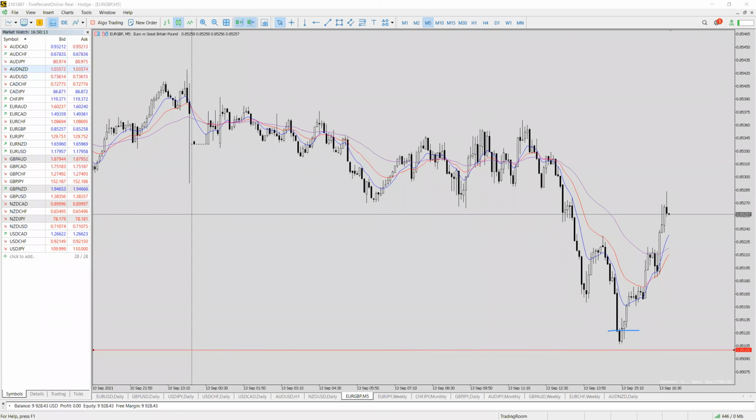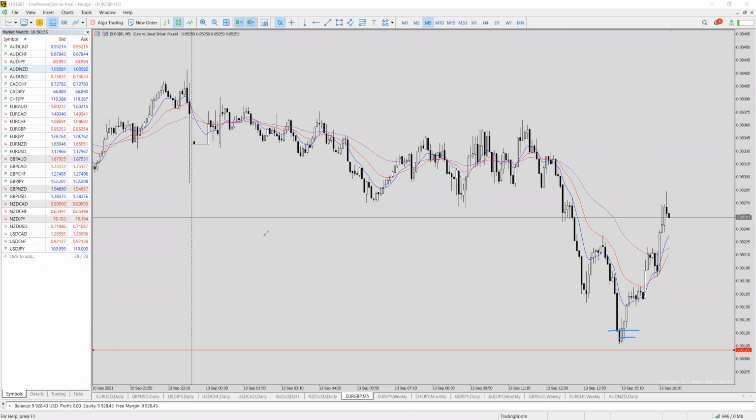So once the confirmation candle crosses above the previous candle which touched or reached the test zone, you can take a small trade. And then if you get a retest, you can take another trade.